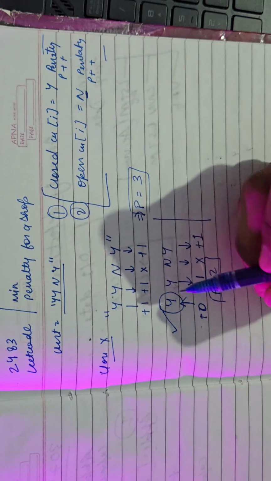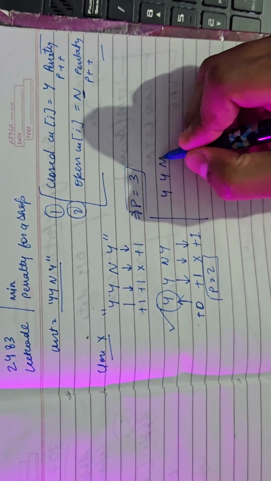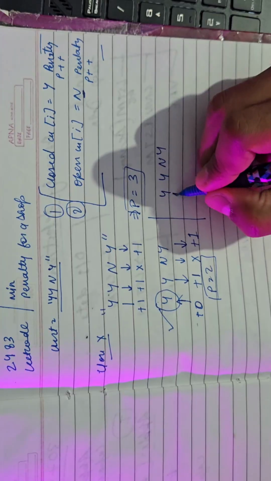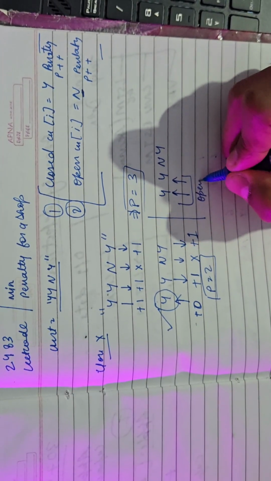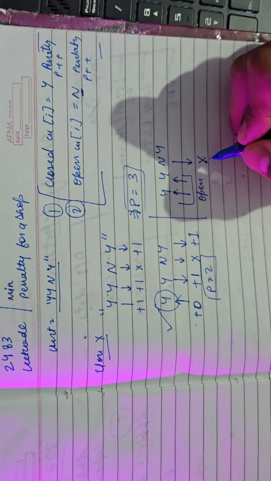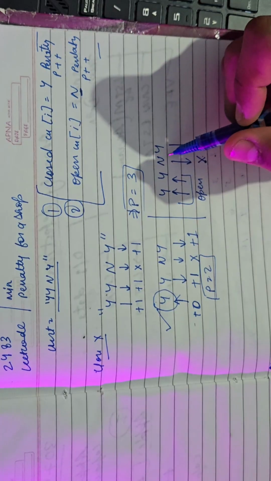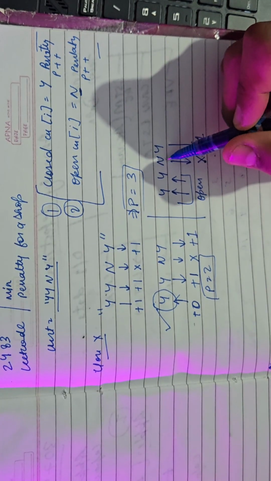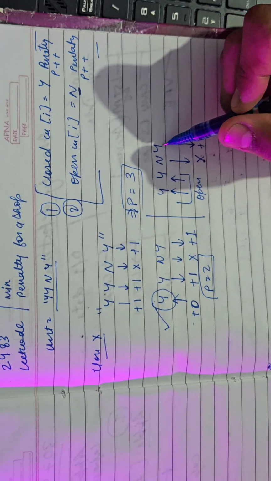Now again we will move on to the next case, the same string. In these cases the shop is open, and now we will check for these two. This penalty does not include anything. This penalty will be increased by 1, since the shop was closed, there is no penalty for a no customer, but there will be a penalty if there is a customer and the shop is closed.